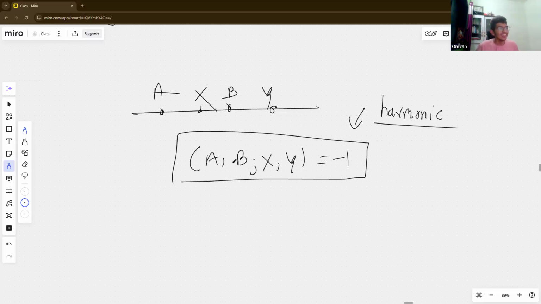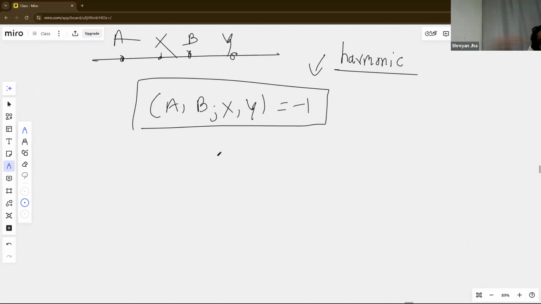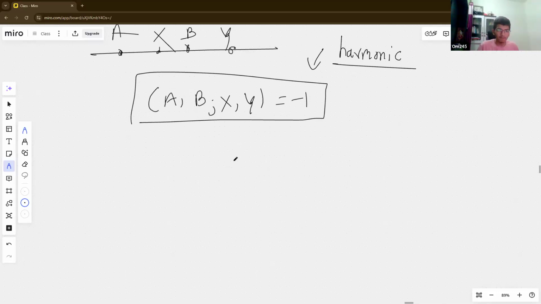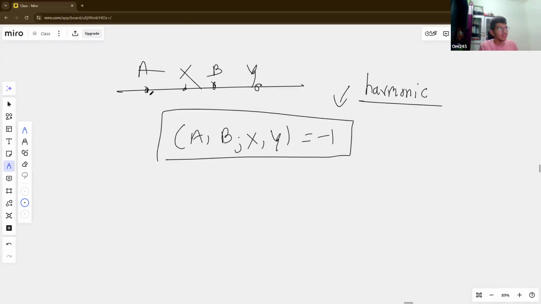But the main use of harmonic is, there are so many uses of harmonic. Wouldn't it be something more special for 1? Okay, no, the -1 is because of the length condition. We are taking directed lengths, right? And X is inside AB and Y is outside AB.